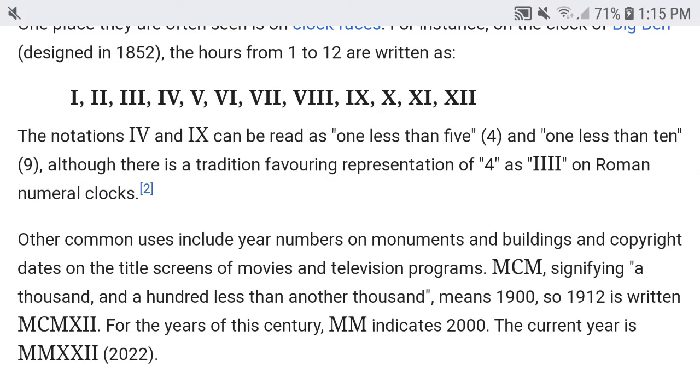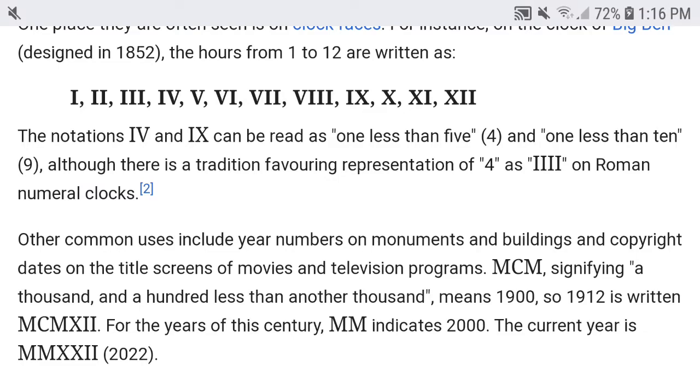Other common uses include year numbers on monuments and buildings and copyright dates on the title screens of movies and television programs. Year numbers on monuments, yeah, and buildings, yeah. But copyright dates on the title screens of movies, I don't think so.